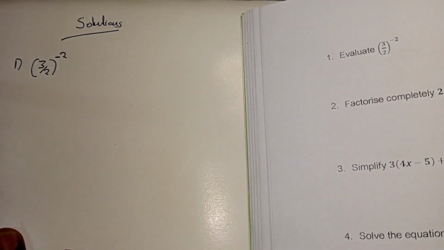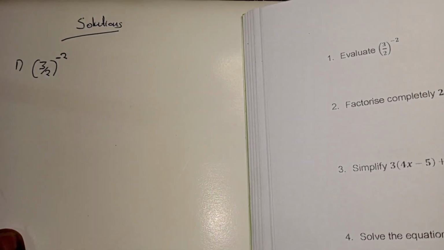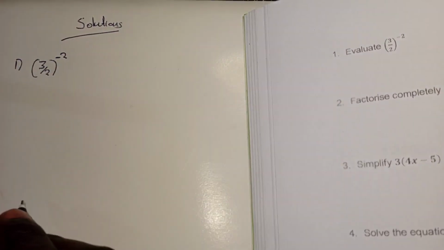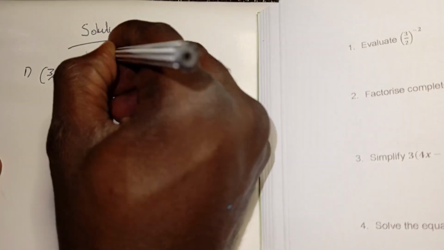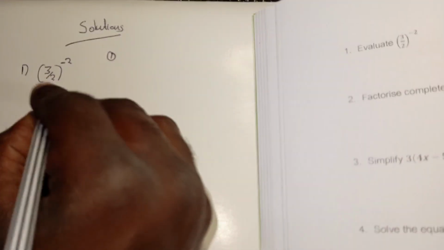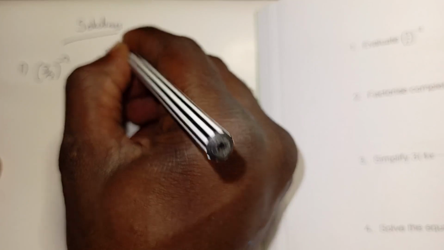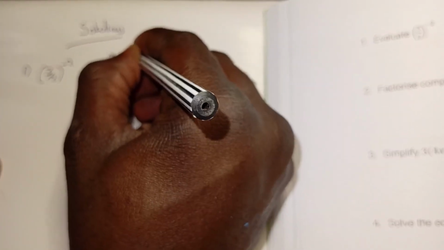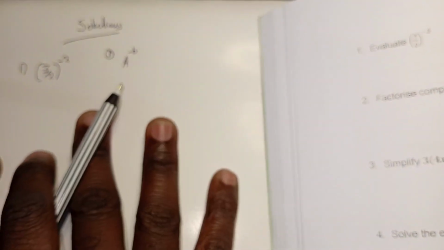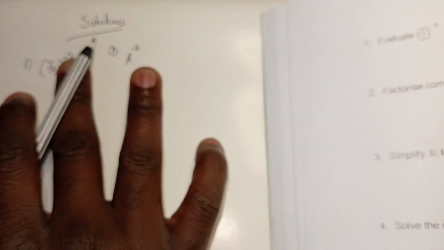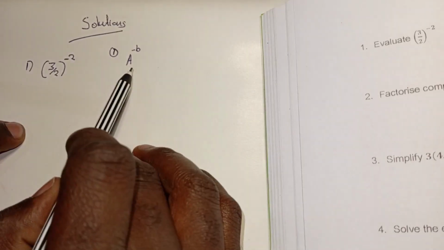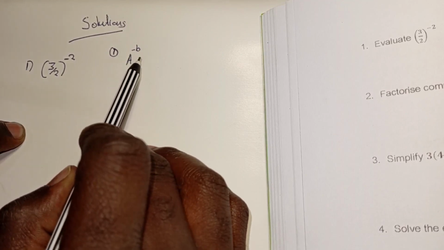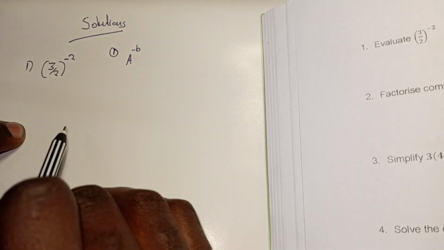Now here we're going to apply the property of indices. Each time you are given a question like this, with anything raised to a negative power, if you've got a raised to the power negative b, we need to get rid of the negative first.